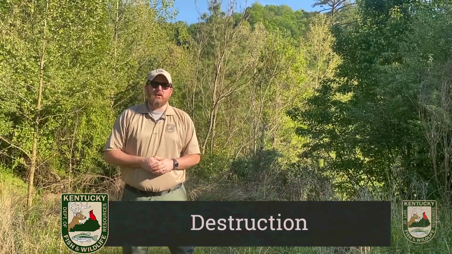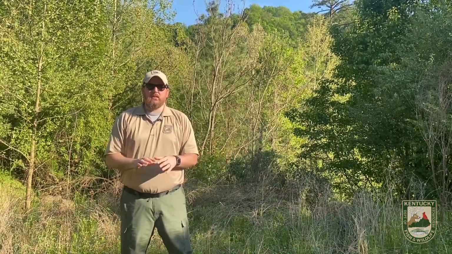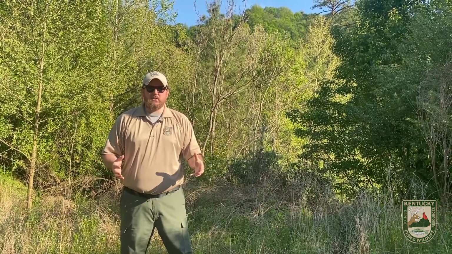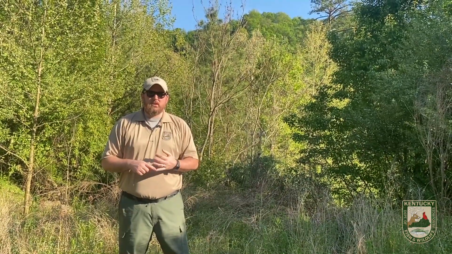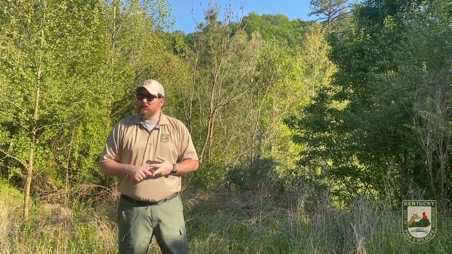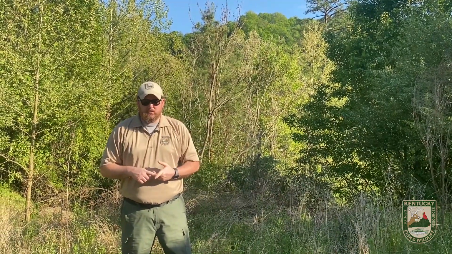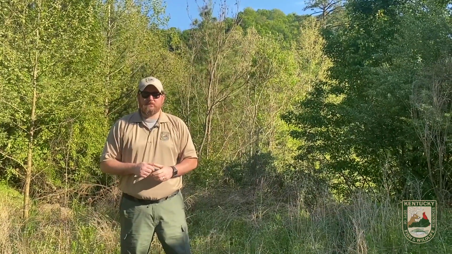The last one is destruction, a total loss of habitat. That means there's nothing there anymore that could sustain wildlife populations. Things that do this are agricultural expansion, building of cities, and pollution of rivers and streams. Also, mining for fossil fuels is a type of habitat destruction.